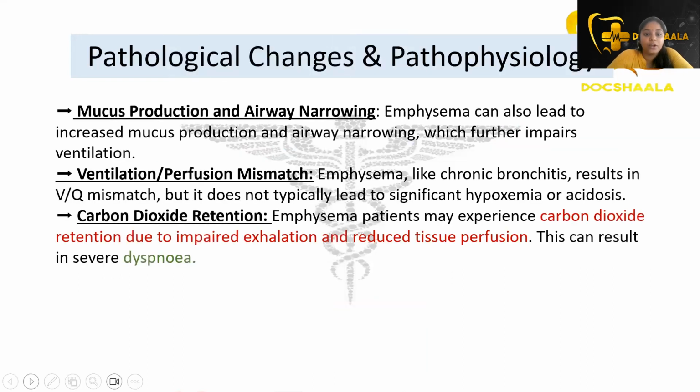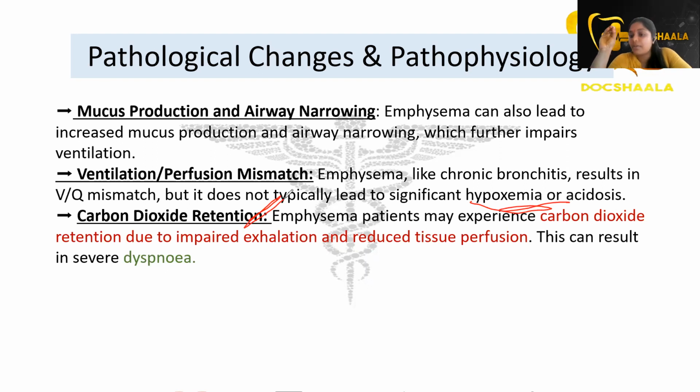Then coming to mucus production, emphysema can also lead to increased mucus production and airway narrowing, which impairs ventilation. There is ventilation perfusion mismatch as seen in chronic bronchitis, but it does not typically lead to hypoxemia or acidosis as seen in bronchitis. Along with this, the important feature is carbon dioxide retention, because the surface area is decreasing.